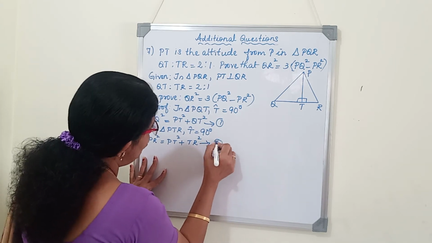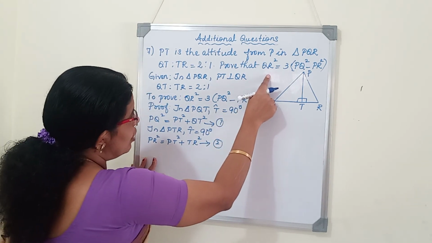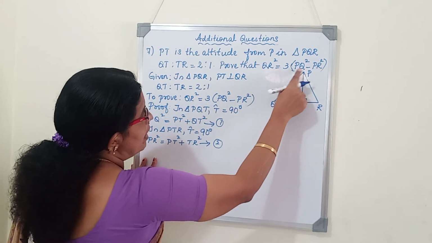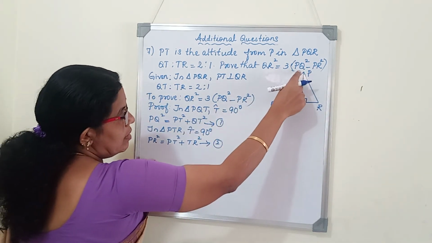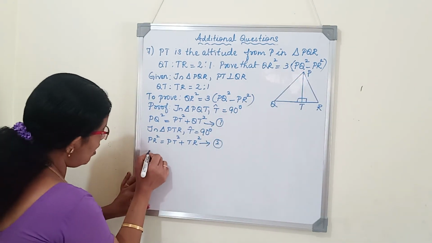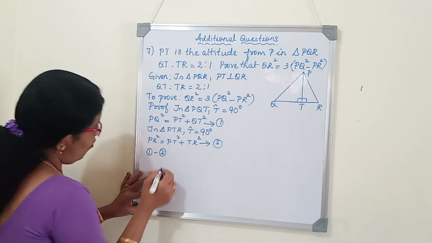Equation 2. Now, we want to get QR square equals 3 into PQ square minus PR square. We have PQ square and PR square. So, as it is PQ square minus PR square, we'll subtract equation 1 minus 2.